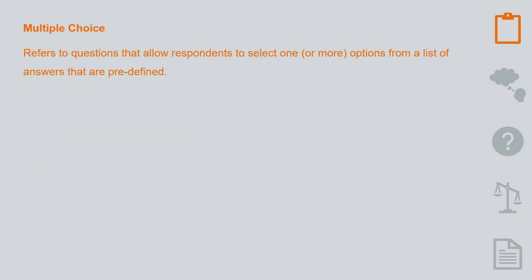Now let's look at a few of the more common closed-ended question types, starting with multiple choice. Multiple choice refers to questions that allow respondents to select one or more options from a list of answers that are predefined. There are two main types of multiple choice questions. Asking, have you traveled abroad?